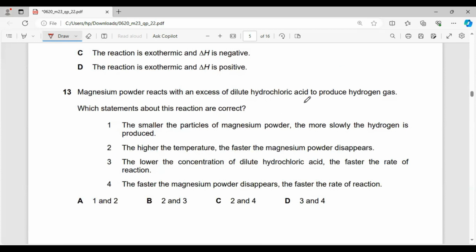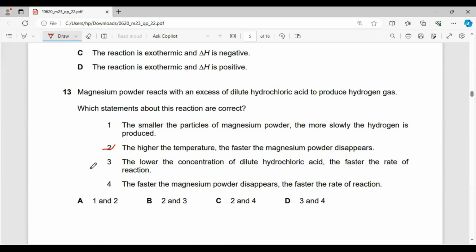Magnesium powder reacts with an excess of dilute hydrochloric acid to produce hydrogen gas. Which statements about this reaction are correct? The smaller the particles of magnesium powder, the more slowly the hydrogen is produced, which is wrong. Smaller the particles, faster is the reaction. The higher the temperature, the faster the magnesium powder disappears, which is true.